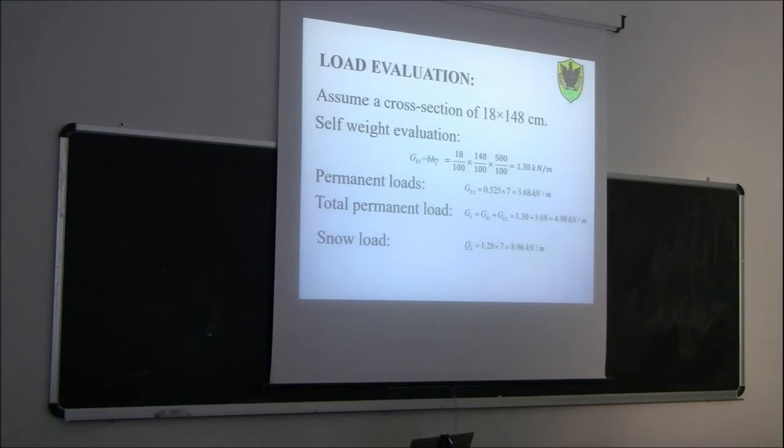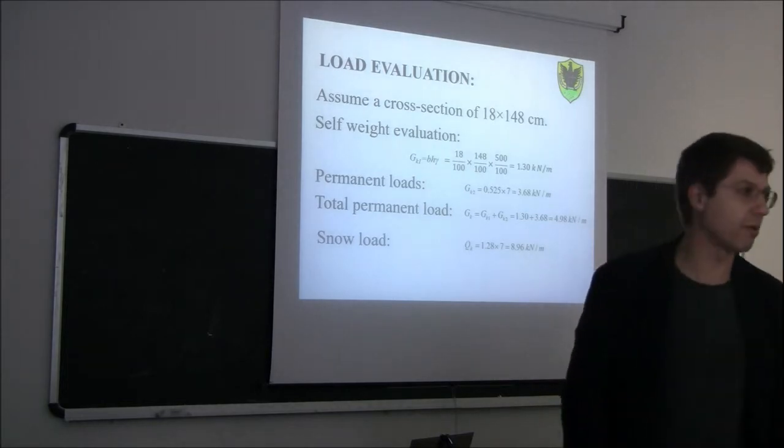Do you remember more or less what this percentage was for the reinforced concrete floor that you designed a couple of years ago? What was the variable load and what was the self-weight, just to have an idea?